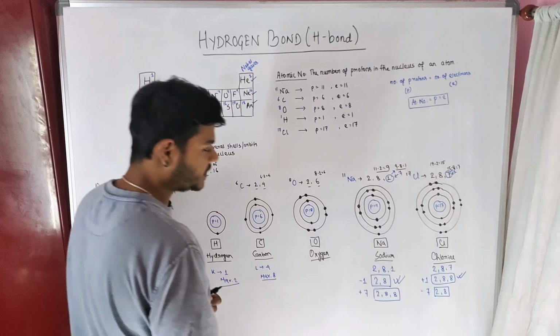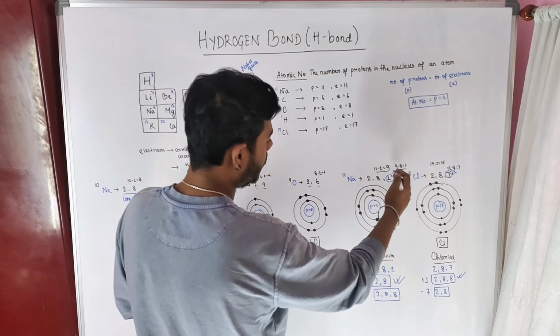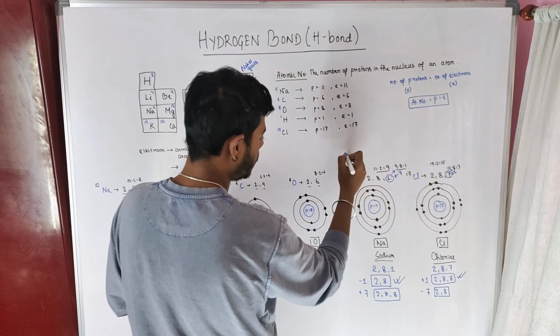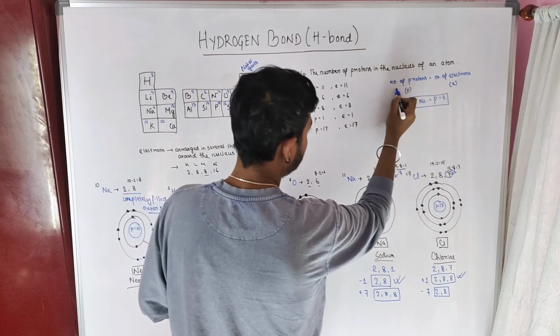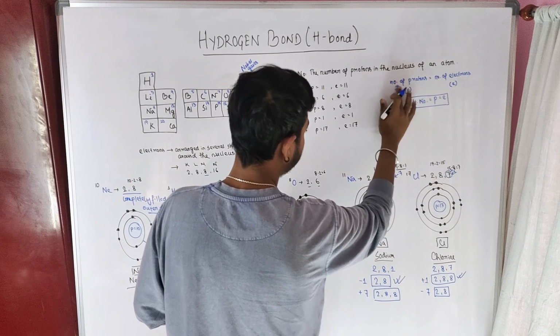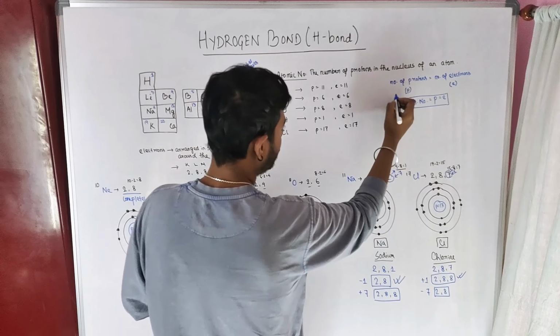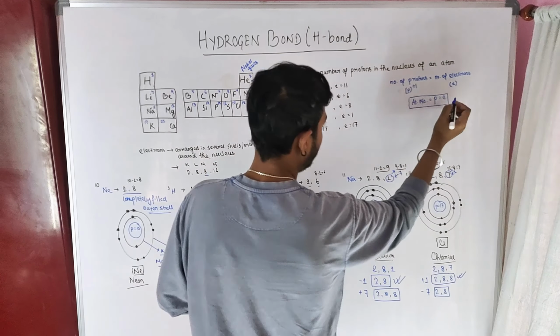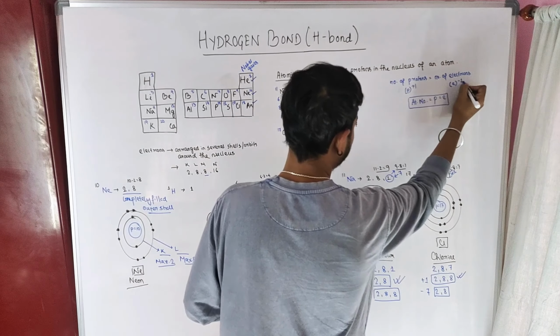So now, how does this affect the atom? If sodium is removing 1 electron, what happens? Each proton has a positive charge and each electron has a negative charge.